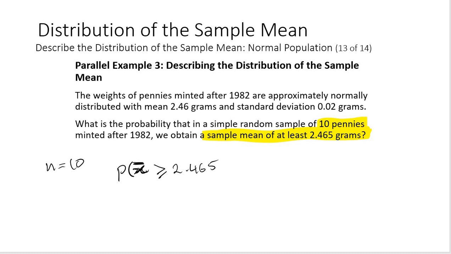In order to compute that probability, we need to know the mean of the sample means, because we're working with a sample here, not with a single individual from the entire population. We're working with the sample mean from a sample of size 10. And also we need to compute sigma sub x bar, or the standard error for the mean.